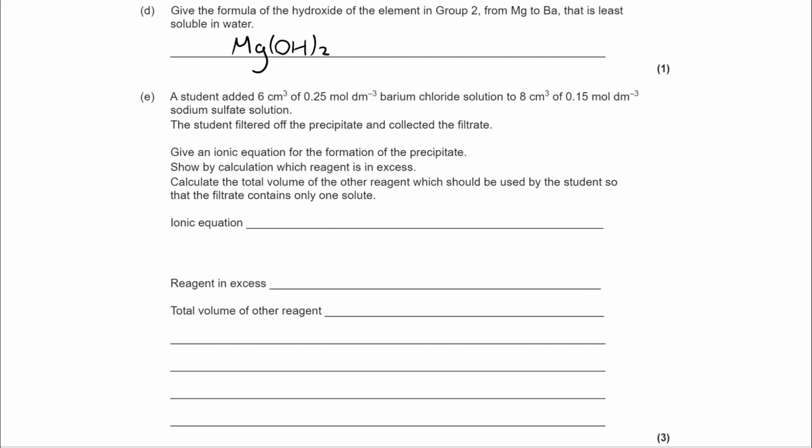Moving on to part E, and we are dealing with a precipitation reaction, barium chloride and sodium sulfate. Now, what should immediately stand out here is that the barium and the sulfate are what will produce the precipitate. And again, that comes down to you knowing that sulfates of group 2 decrease in solubility as you go down the group.